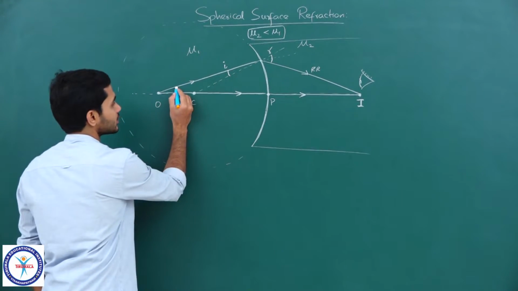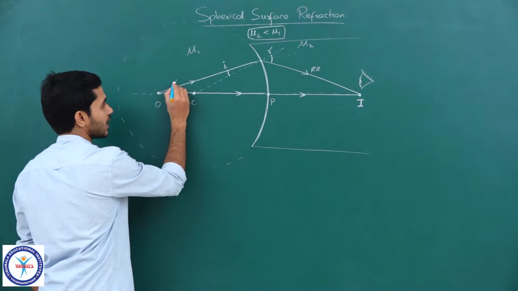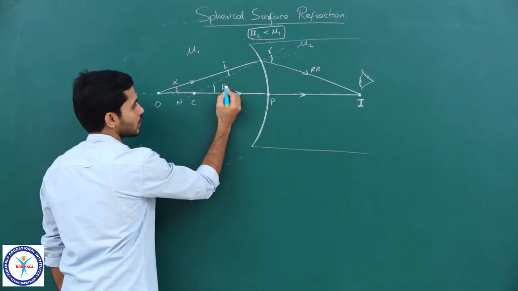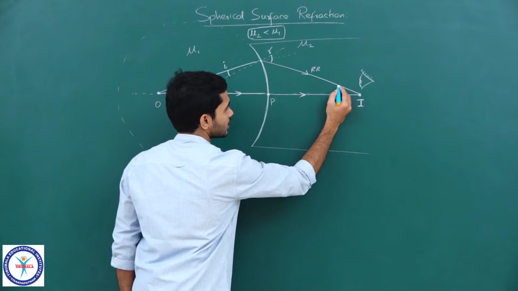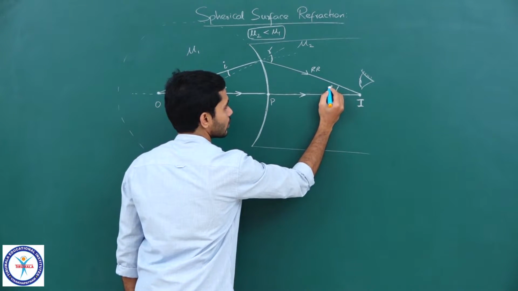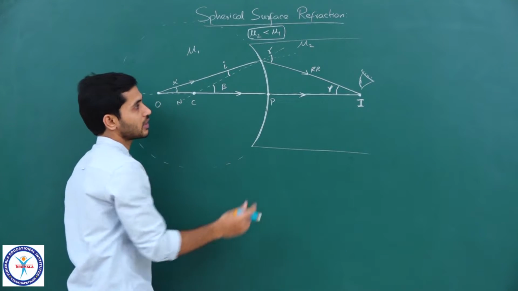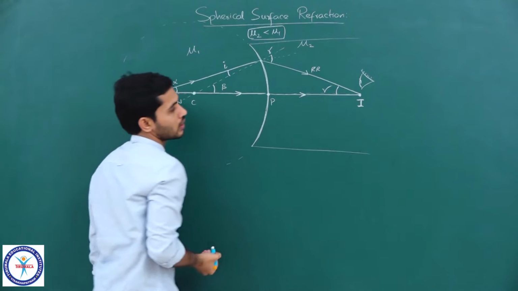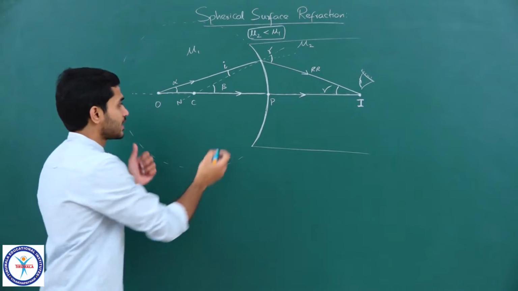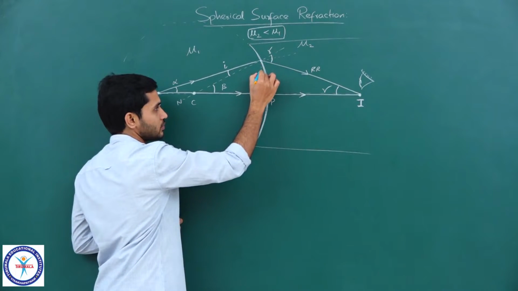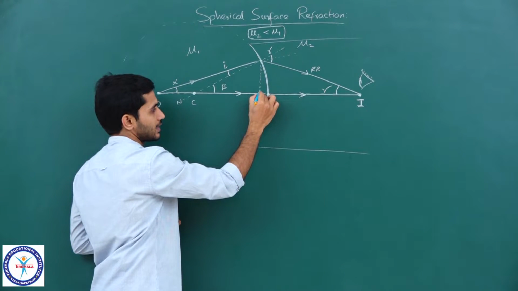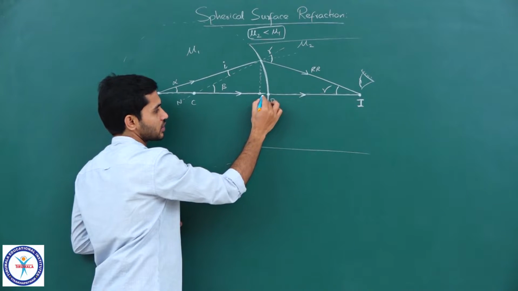So, what I will do is, I will assume that this angle is alpha, this angle is some beta, this angle is gamma. Okay. So, alpha, beta, gamma. So, that is R, this is gamma. Okay. Now, let us drop a perpendicular from here. So, let us call it P dash.